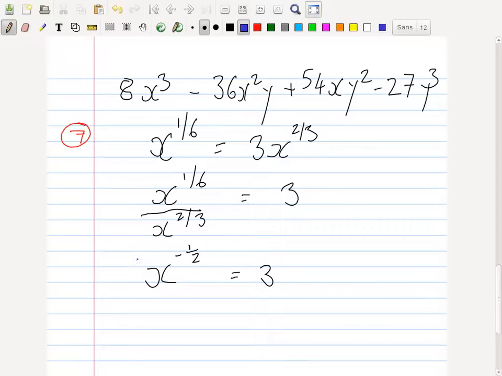I put a power of minus 2 on both sides, because minus a half times minus 2 is 1. So x to the power 1 is just x. So x equals 1 over 9.